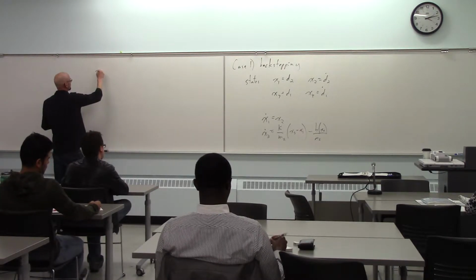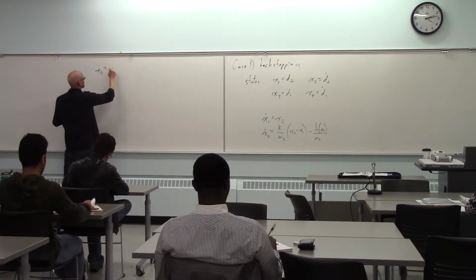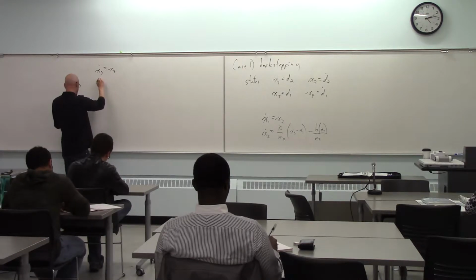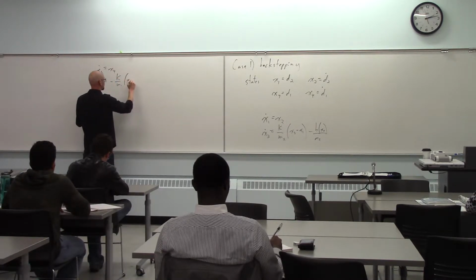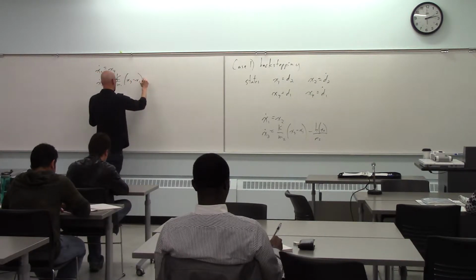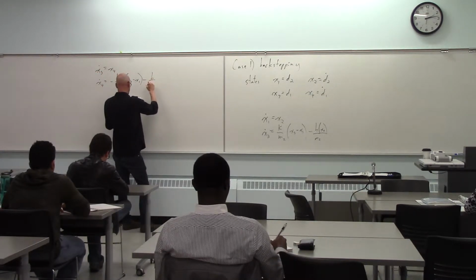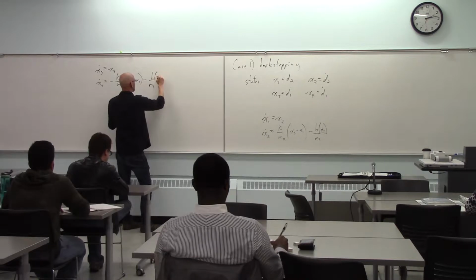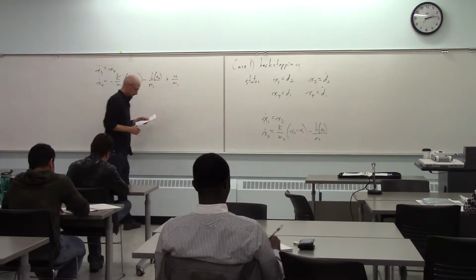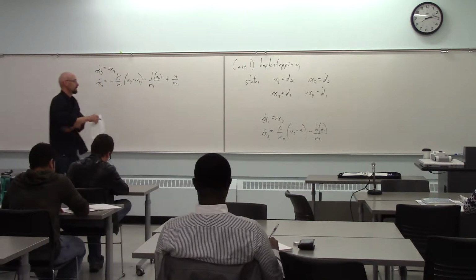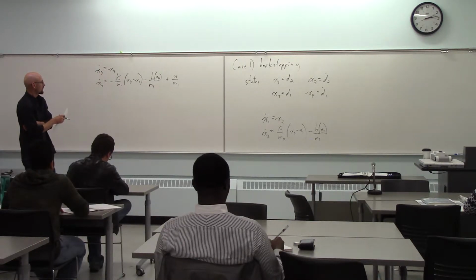And I get x3 dot equals x4, x4 dot equals negative k over m1 times (x3 minus x1) minus b of x4 over m1 plus u over m1. So those are my equations of motion written in terms of my states.